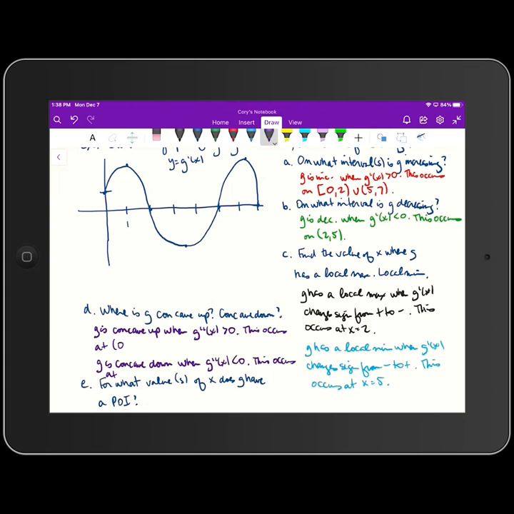That graph has a positive slope on the interval from 0 to 1. It also has a positive slope on the interval from 3.5 to 6. And this should be on, not at.